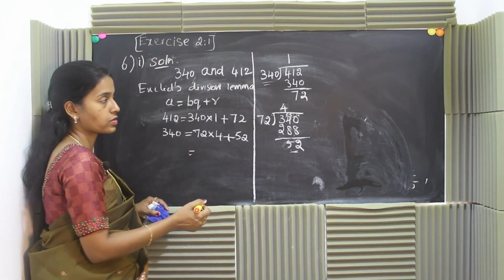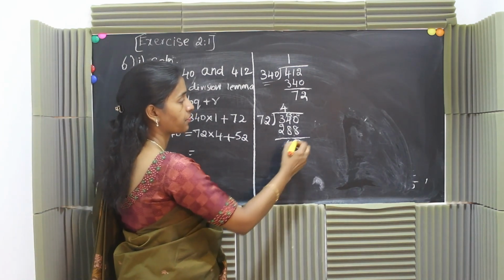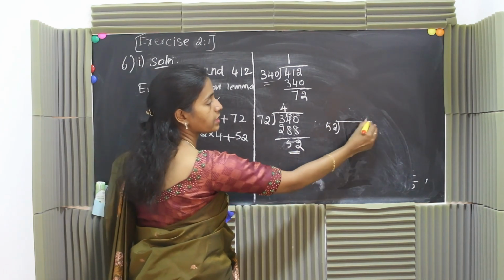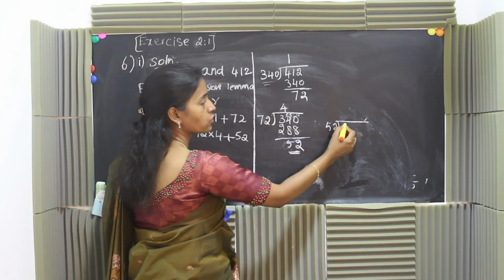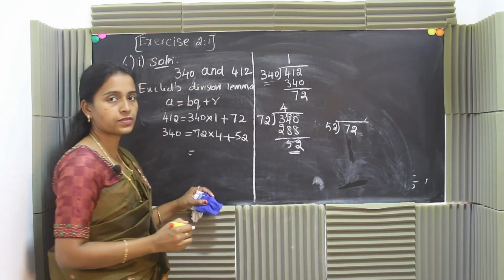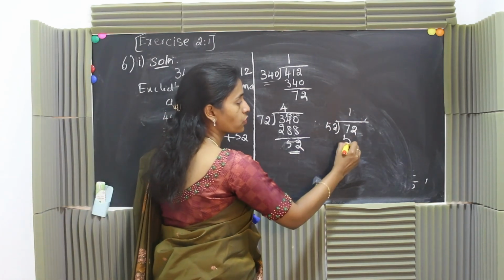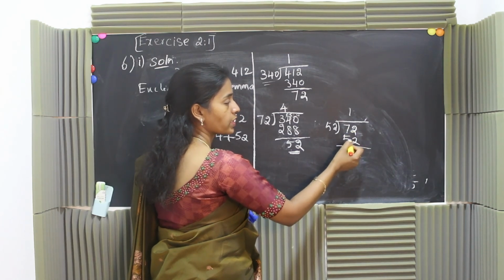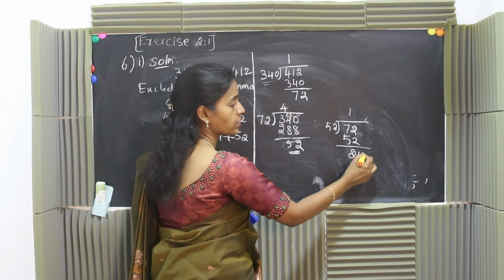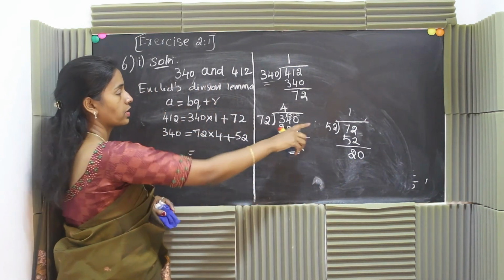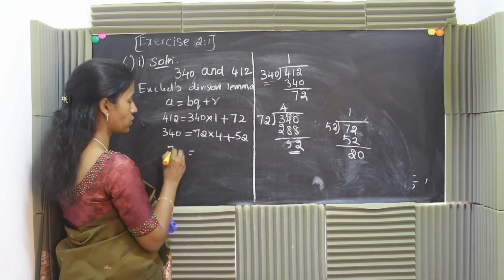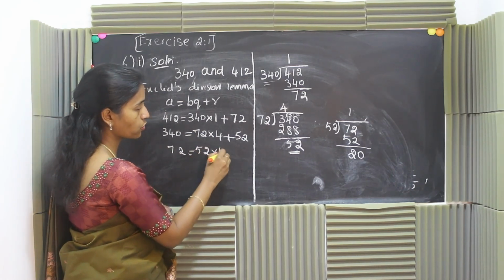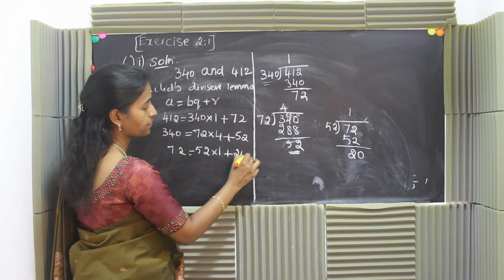We should continue the process. In the next step, this 52 becomes divisor and this 72 becomes dividend. 1 into 52, 52. 72 minus 52, 20. Right? So here what is dividend? 72. Divisor 52 into 1 plus 20.